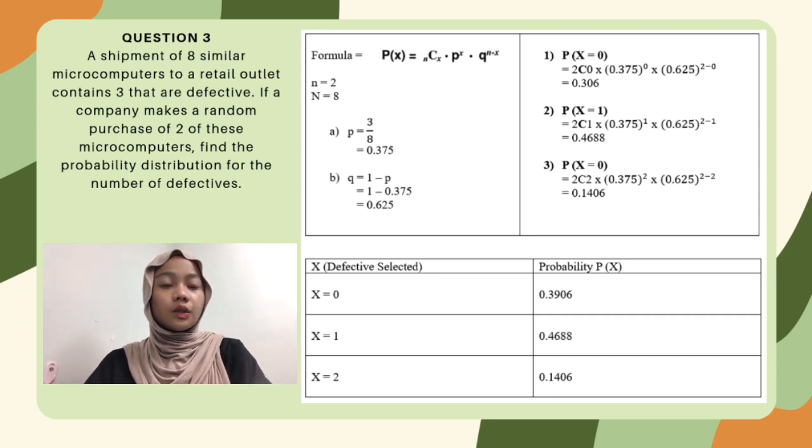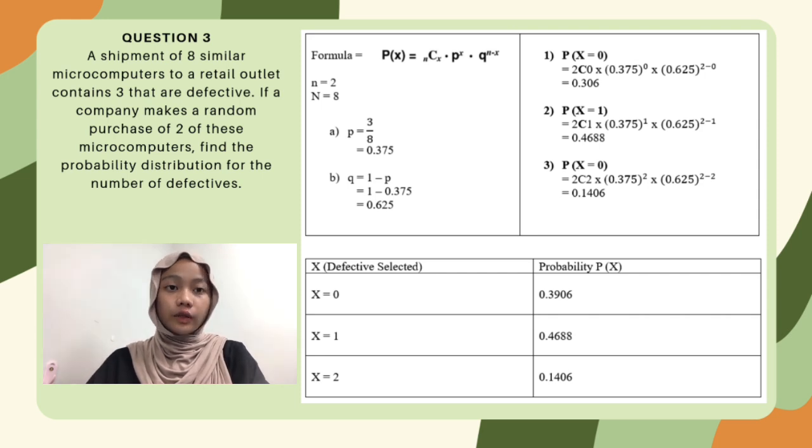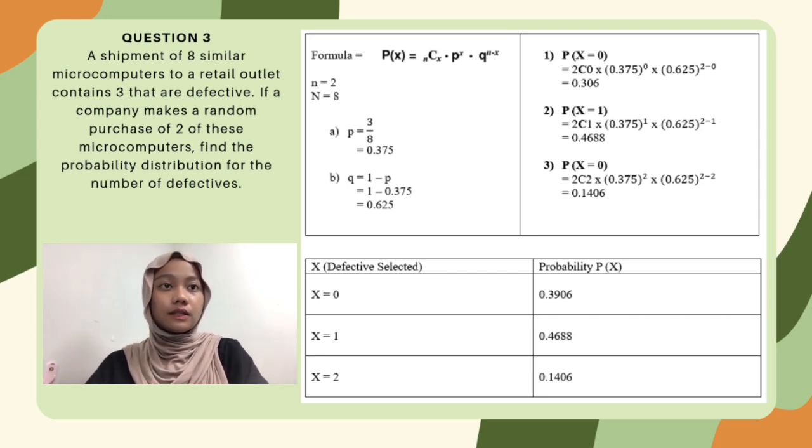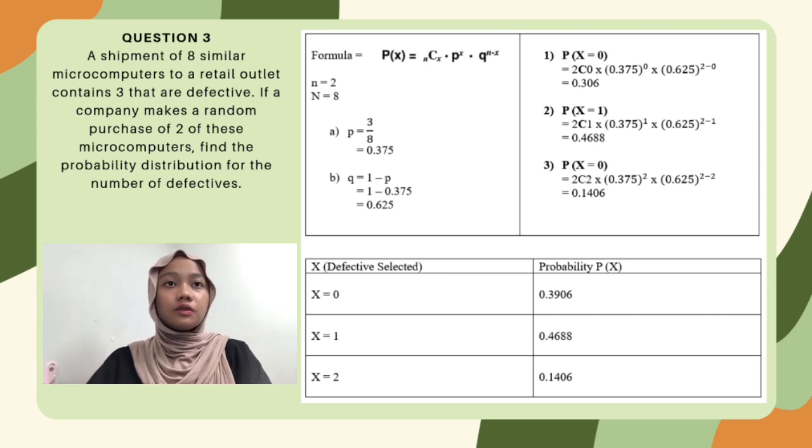When x equals 0, the probability that we got is 0.391. This happens when both selected microcomputers are non-defective. Next, when x equals 1, the probability is 0.469.